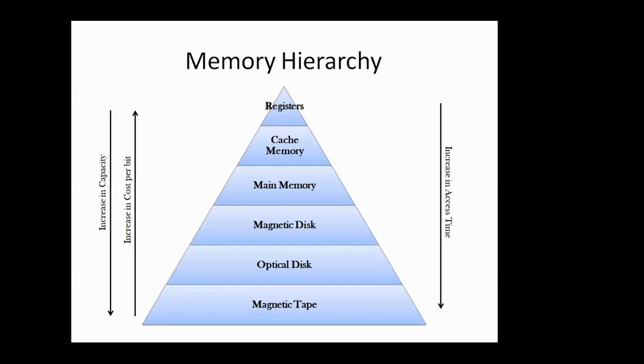And if you look at these arrows on the right and left hand side, what are they depicting? They are showing that as you go down this pyramid, there is an increase in the access time.